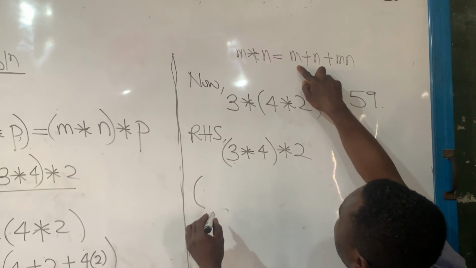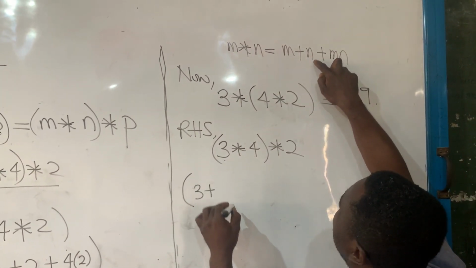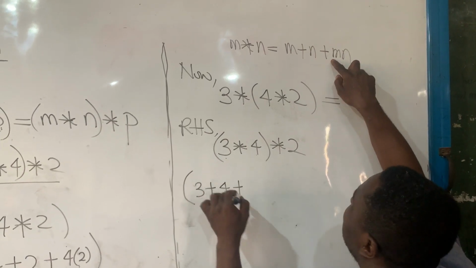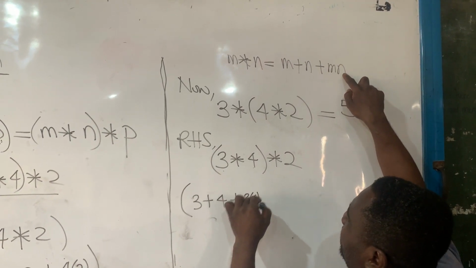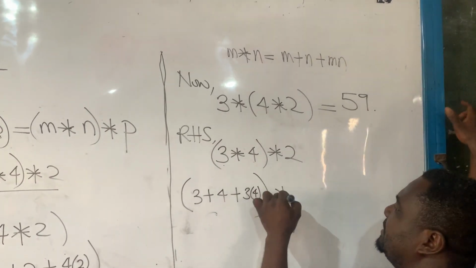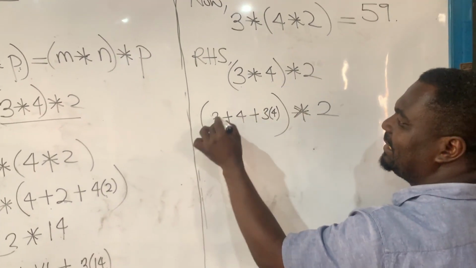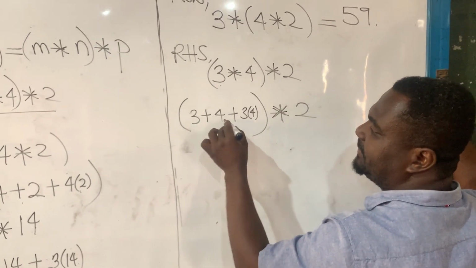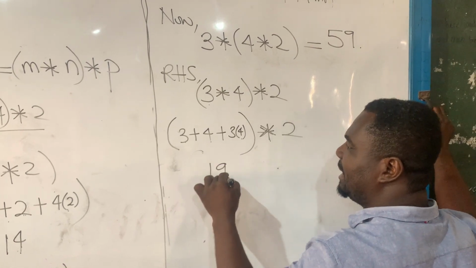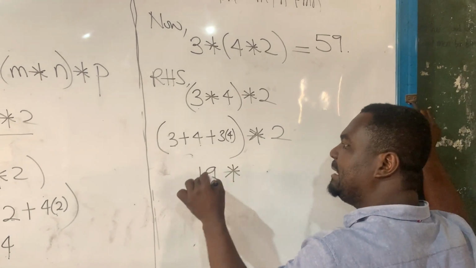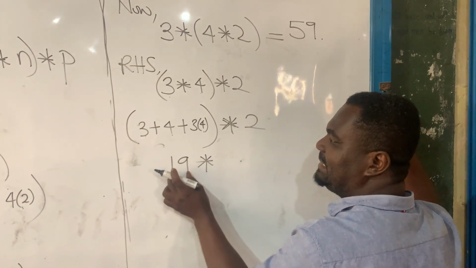From here, 3 plus 4 plus 3 times 4. Everything is against the star 2. When you simplify this, you are getting 3 plus 4, 7. 7 plus 12 is what? 19. So the whole of this, I'm getting as 19. So 19 star 2.